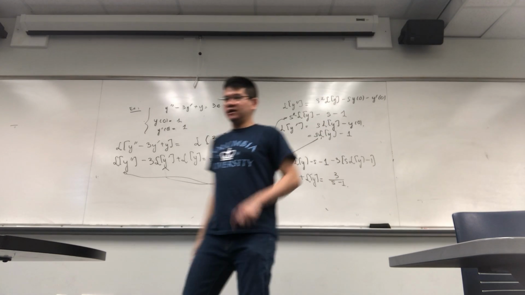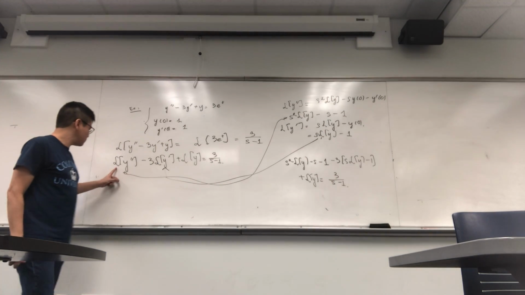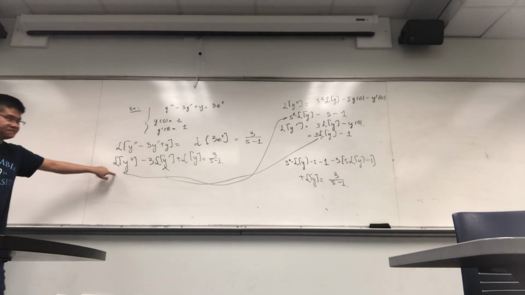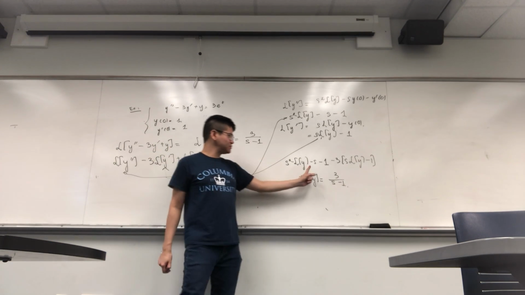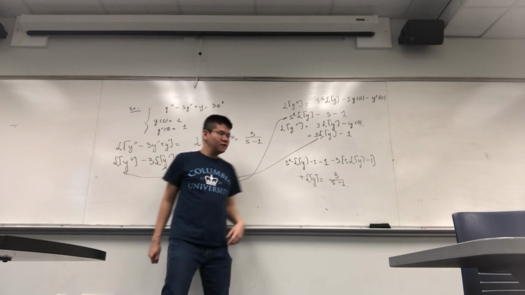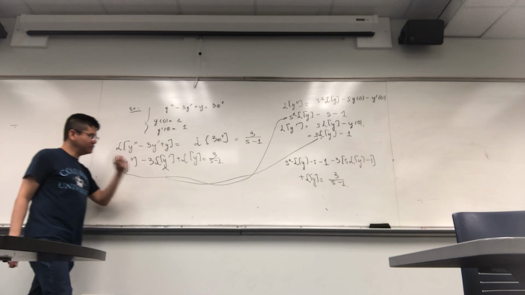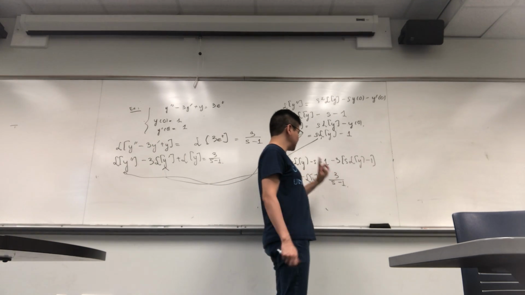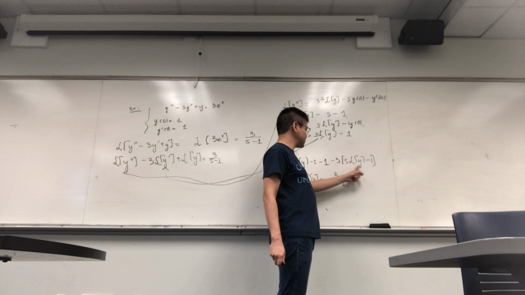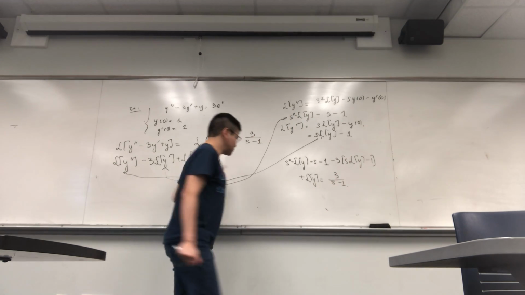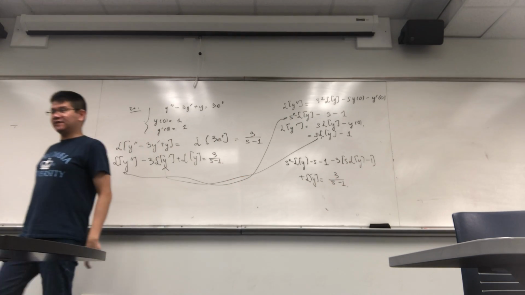Right? So in this step, I replace Laplace transform y second with s squared Laplace transform y minus s minus 1, and minus 3 times Laplace transform y prime with minus 3 times s times Laplace transform y minus 1, and the Laplace transform y stays the same.